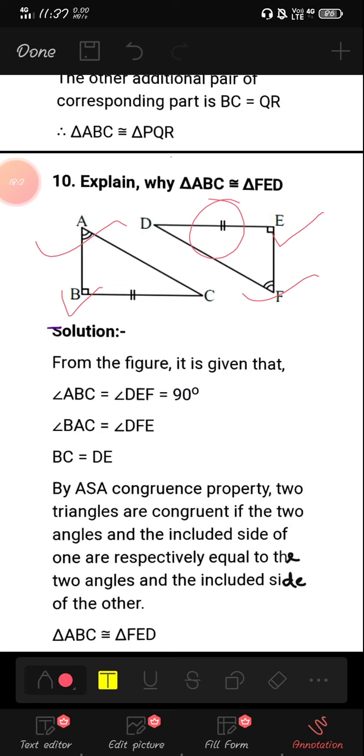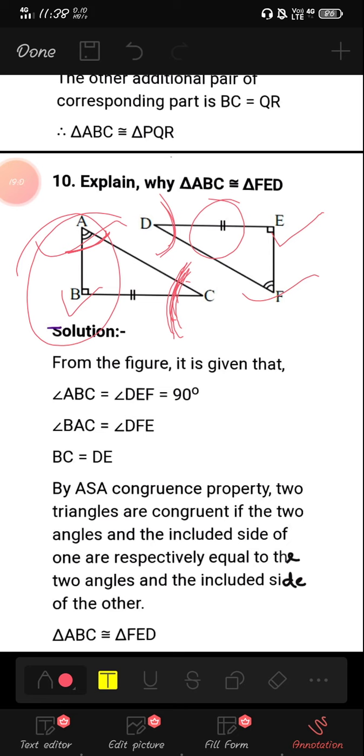But with the help of this, because it is 90 and this is the angle, we can find out about that angle, because the sum of three angles of a triangle is 180 degrees. So we can find out this angle, and whatever is the value of this angle must be equal to that angle.